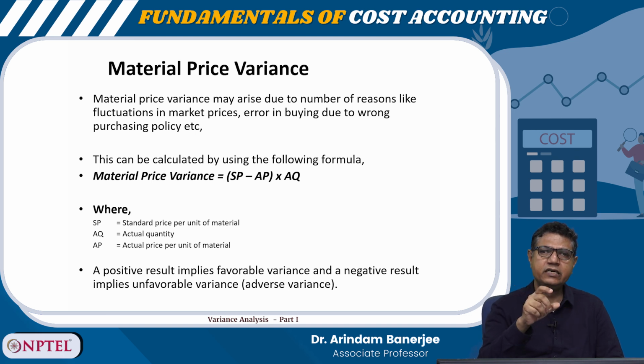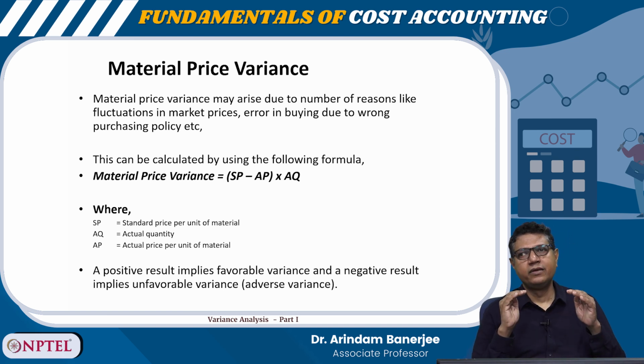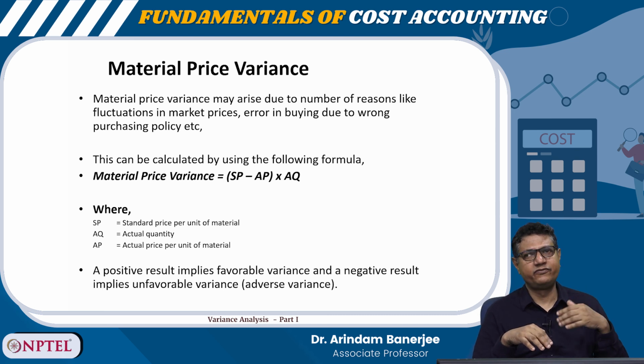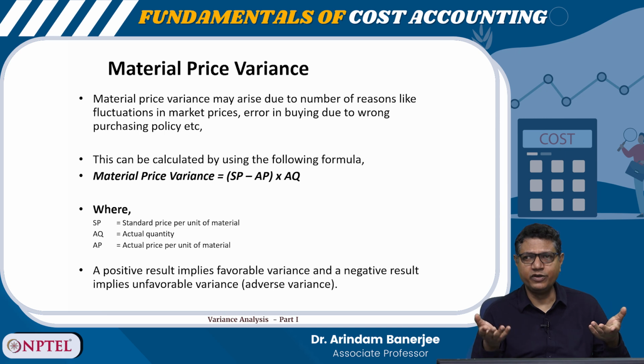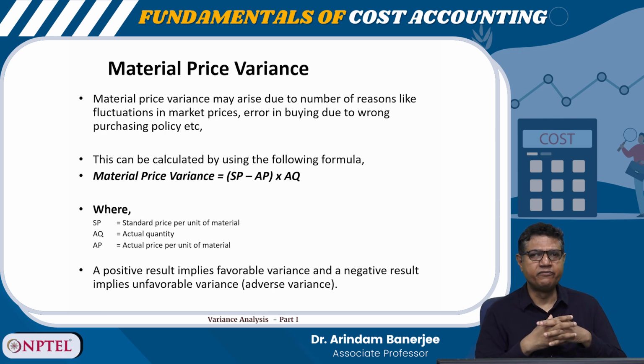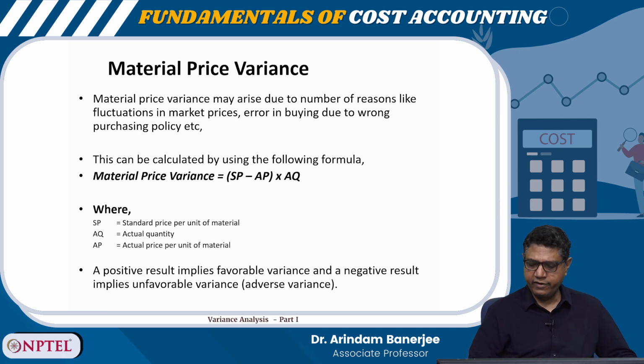A positive result implies a favorable variance. If my actual price is lower than the standard price, it is favorable; I am saving money. Otherwise, it is unfavorable. A negative result implies unfavorable variance, also called adverse variance.